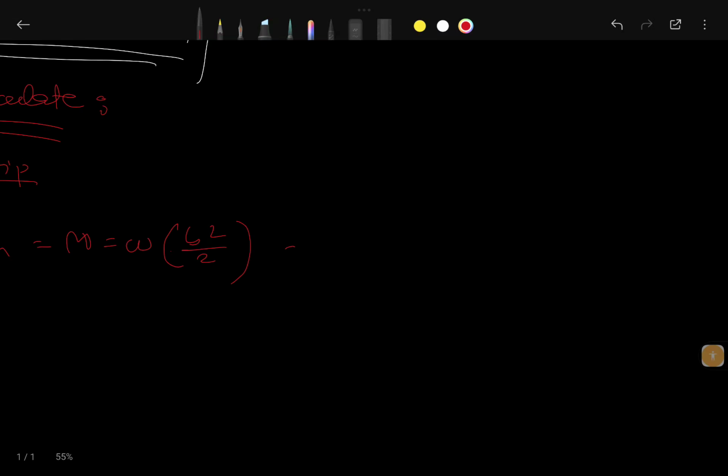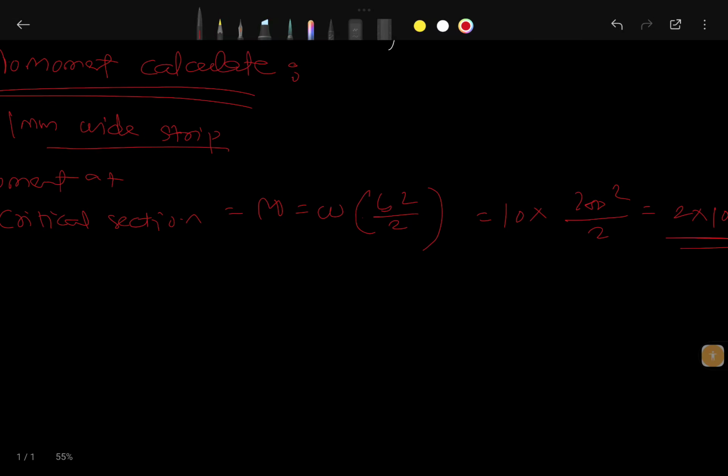W is nothing but 10, into b square by 2, meaning 200 square divided by 2. The value will come 2 into 10 to the power 5 Newton mm per mm, because we consider one strip. This is the moment at the critical section.